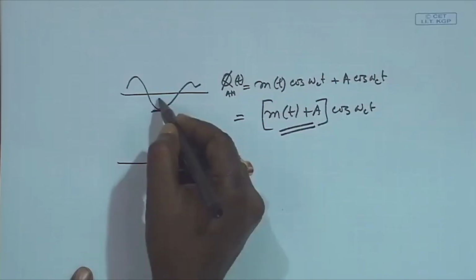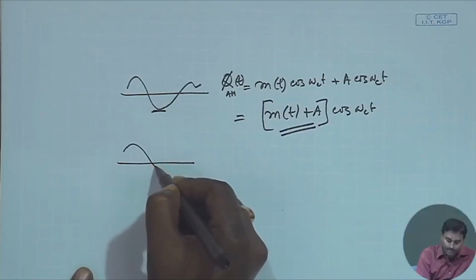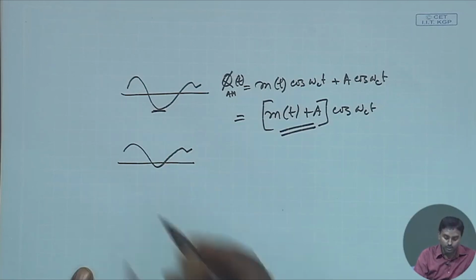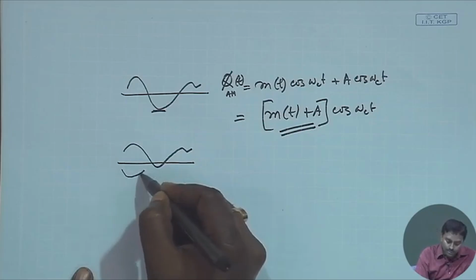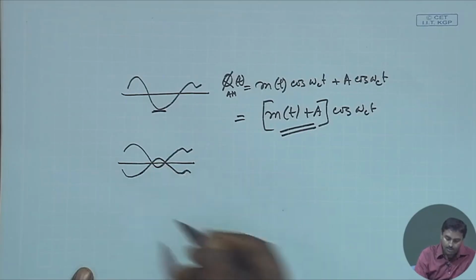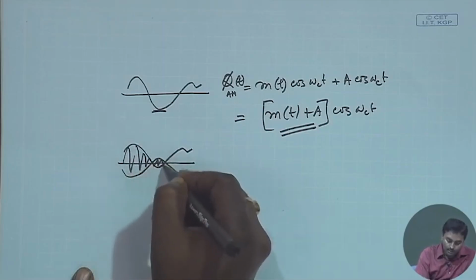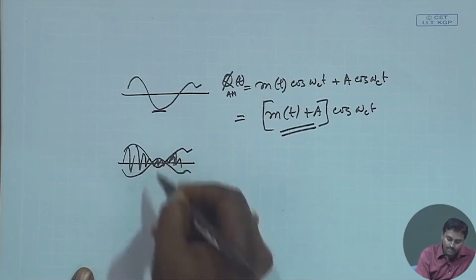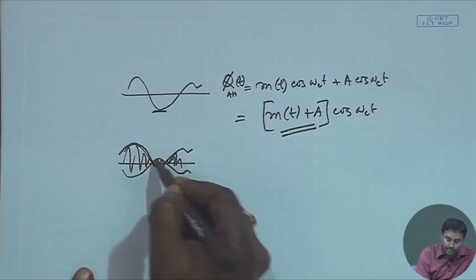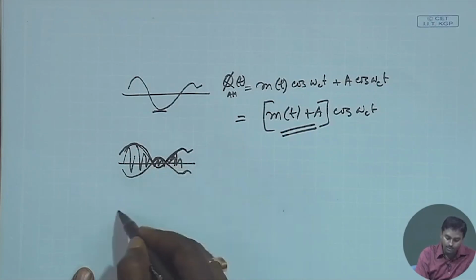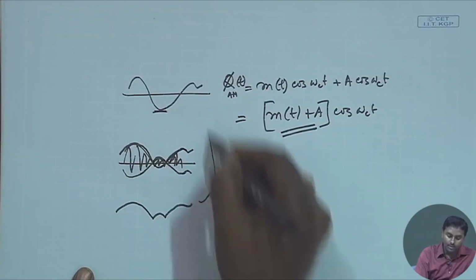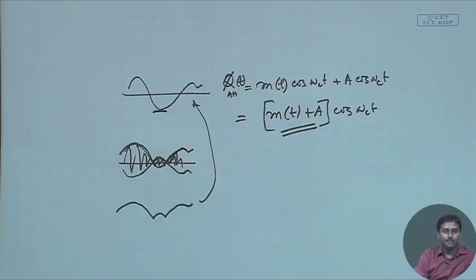So, even if I add a DC to it and it still has some spurious part which is below the 0 level, if I just try to see the envelope, it will have this thing, and then the carrier will run on top of this, and there will be a phase reversal. And if I wish to do envelope detection, the envelope will detect this, this and this. So, my detected signal will look like this, which is not the original replica of this one, right.